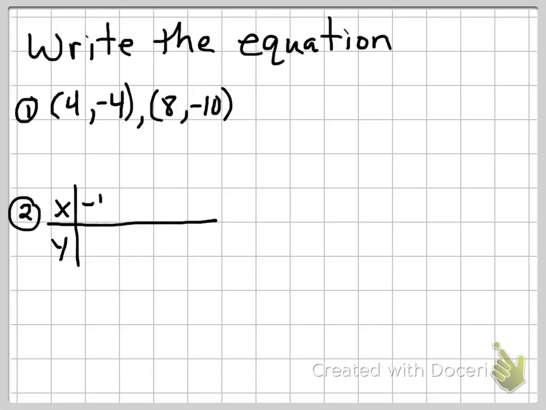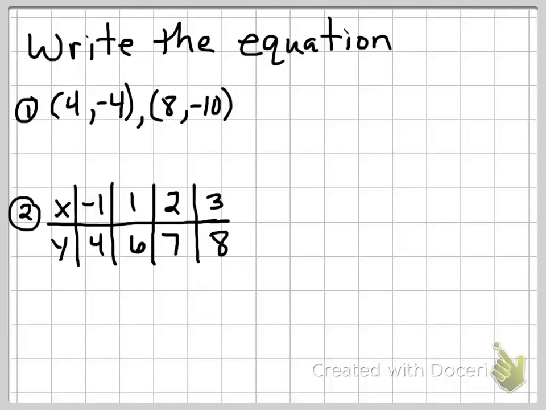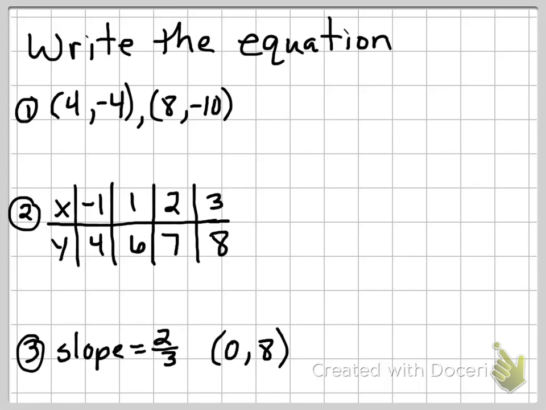For number 2, you're going to write the equation that matches the table. And for number 3, you're going to write the equation with the given slope through that point.